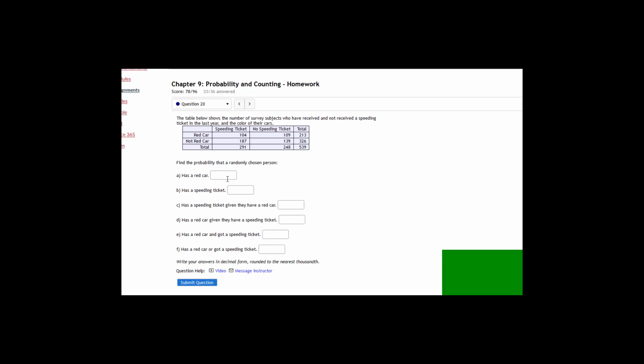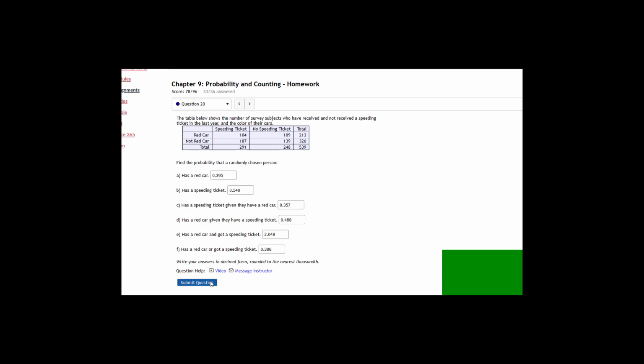The answers are 0.395, 0.540, 0.357, 0.488, 2.048, and the last one was 0.386.